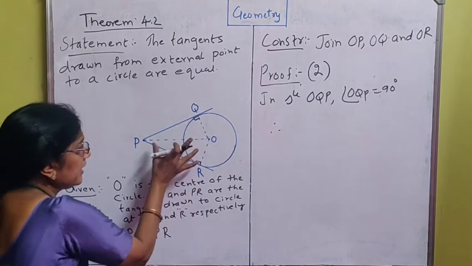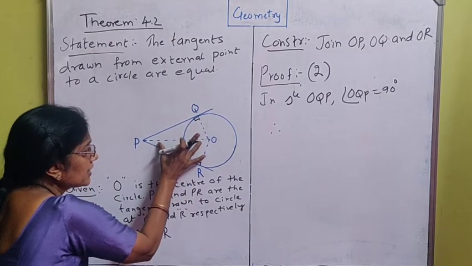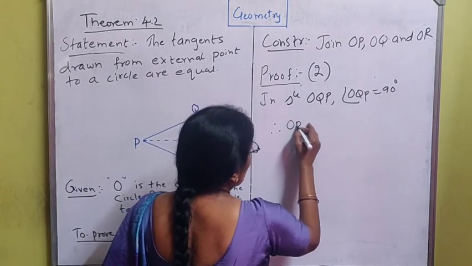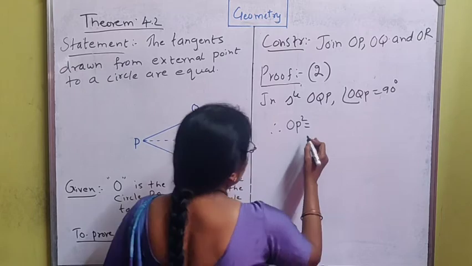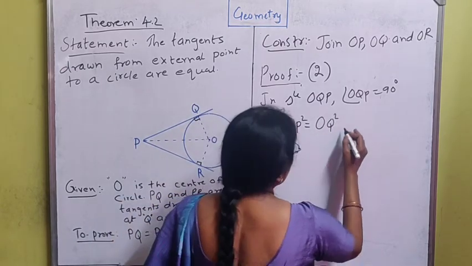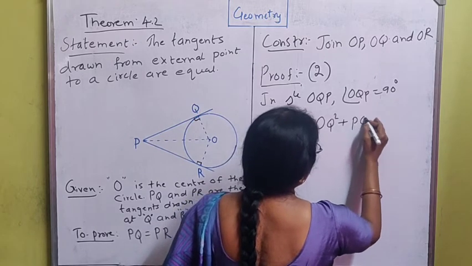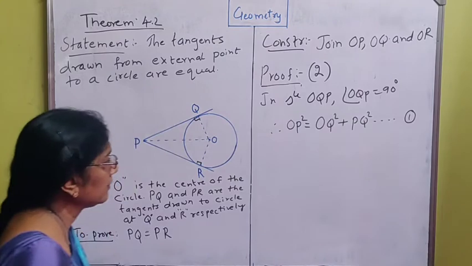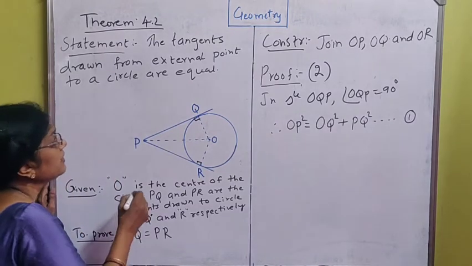If this is 90 degrees, which is the hypotenuse? OP is the hypotenuse. So what can you get? OP square is equal to OQ square plus PQ square. Take this as equation number 1. Now let us go to the second triangle. Which triangle?